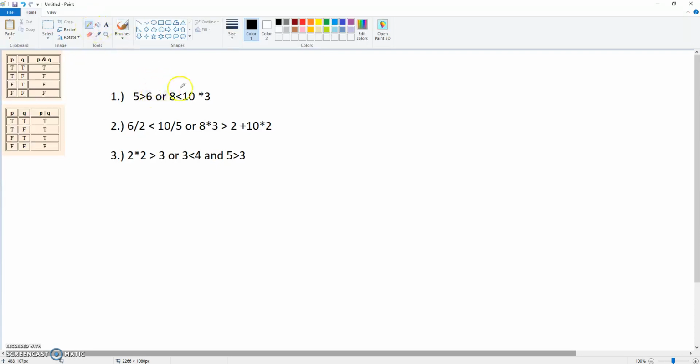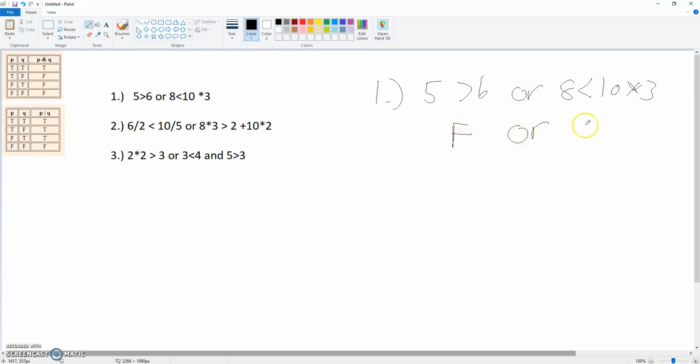So let's go ahead and do number 1. We have 5 greater than 6 or 8 less than 10 times 3. Is 5 greater than 6? No, last time I checked.